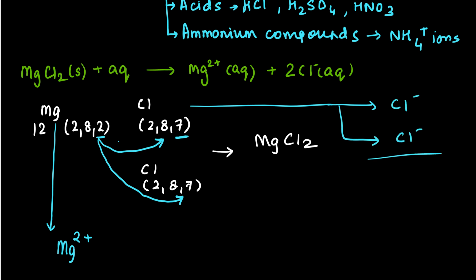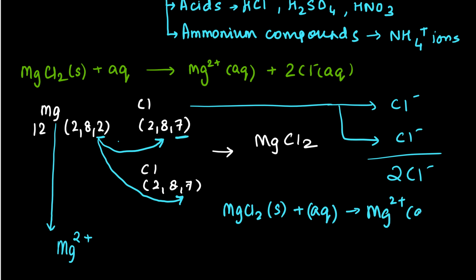So in all I'm going to get 2Cl-, and therefore the equation is that when magnesium chloride, which is a solid, is dissolved in water, it gives you Mg2+ (aq) plus 2Cl- (aq). So this is the explanation for the above equation.